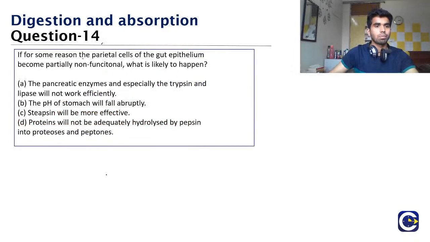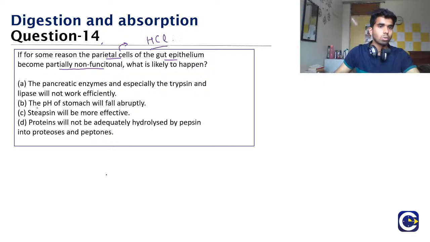Question number 14. If for some reason the parietal cells of the gut epithelium become partially non-functional, then what is likely to happen? What do these parietal cells do? We have seen that they secrete hydrochloric acid.